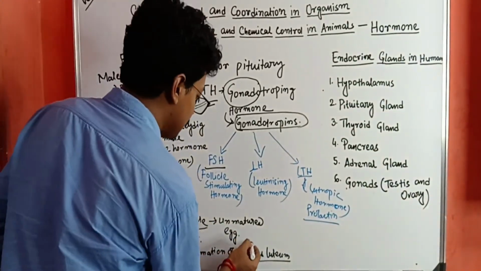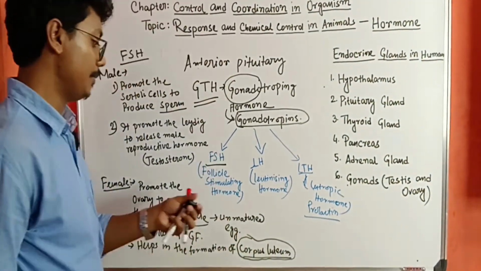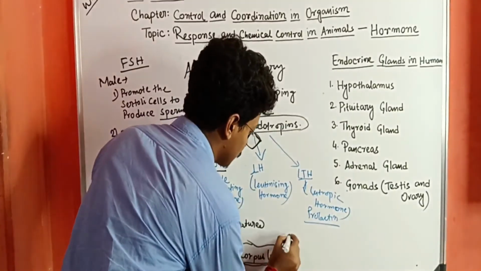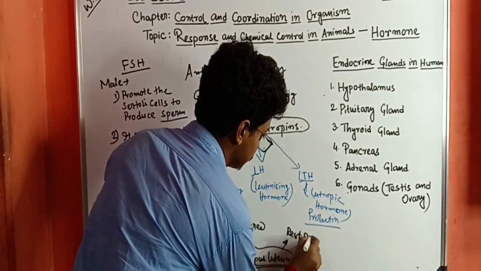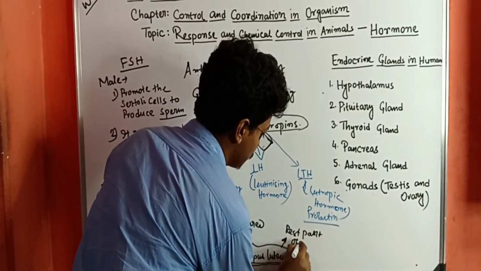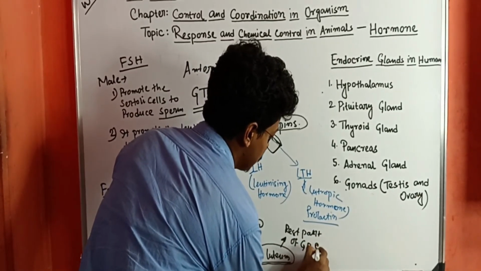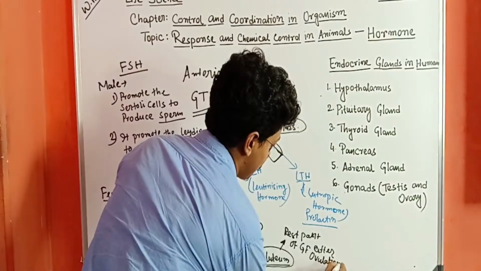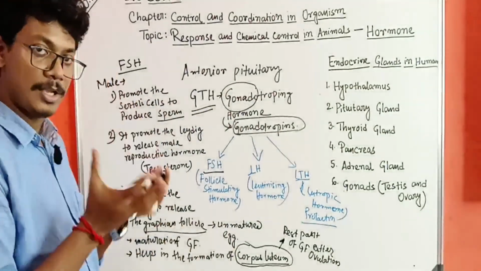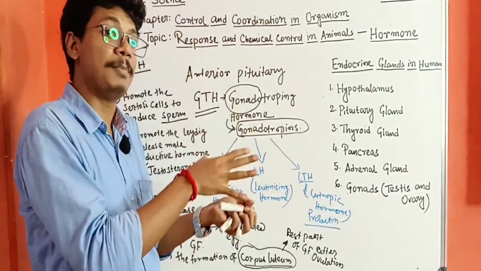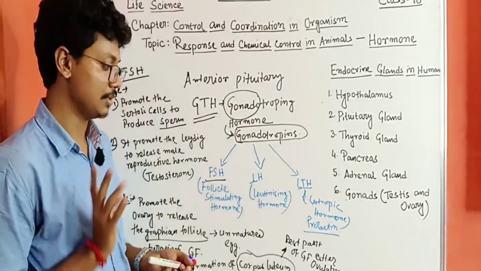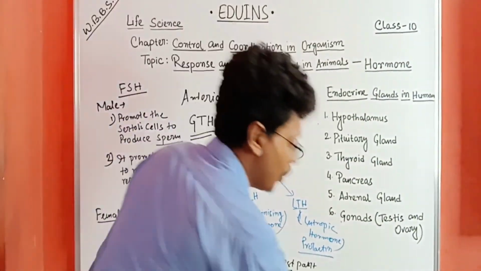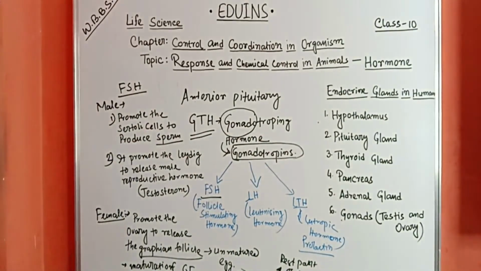It will be elaborately discussed in the next chapter, but for this time, corpus luteum is the rest part of Graafian follicle after ovulation. The Graafian follicle is the unmatured egg. When egg is released, the rest part of the Graafian follicle is known as corpus luteum. So these are the functions of the follicle stimulating hormone in case of male and female.